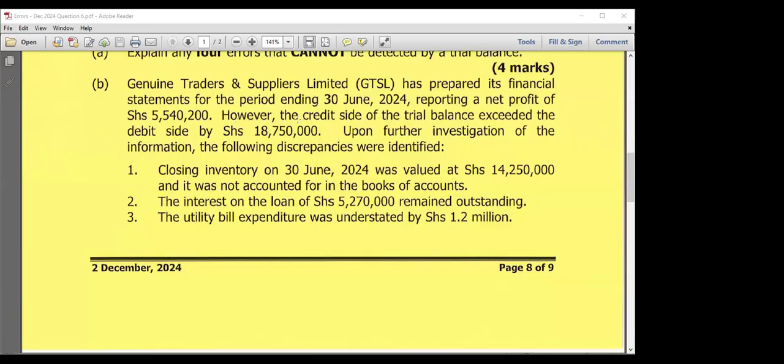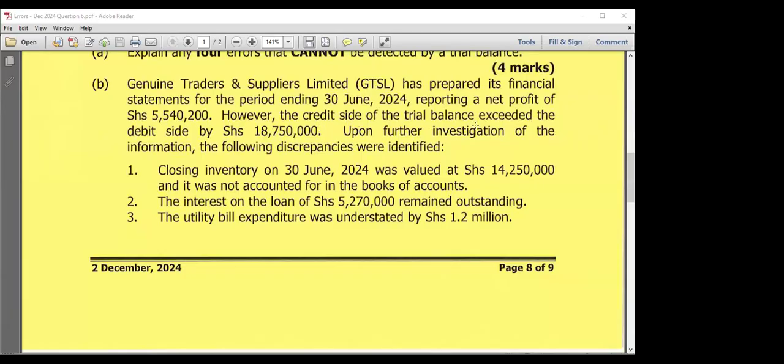No, read this scenario: the credit side of the trial balance exceeded the debit side by 18,750,000 shillings. So already they've given you where the balance is lying on your suspense account.